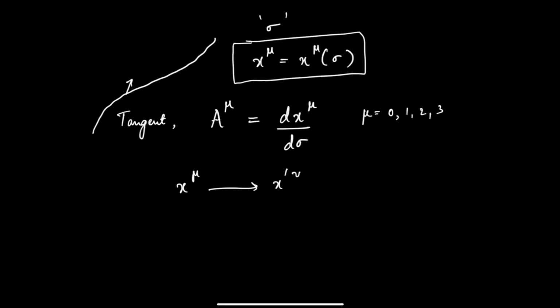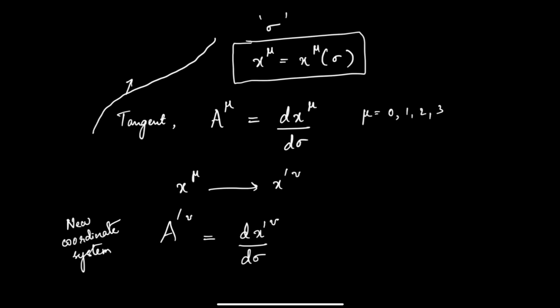In the transformed coordinates, we can write the tangent as A prime nu, and that will be the first derivative of x prime nu with respect to sigma, right?